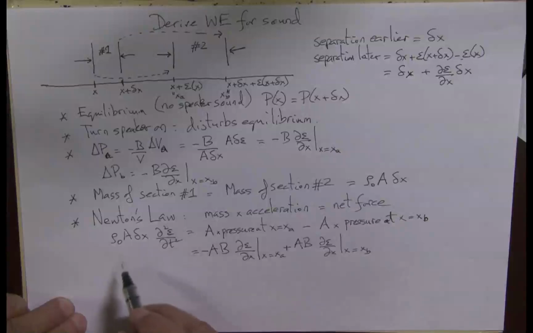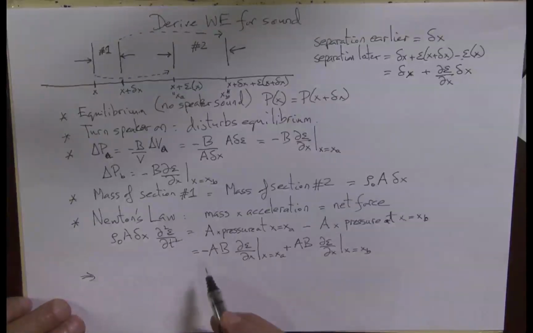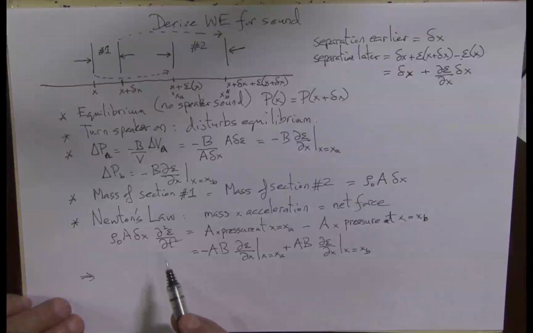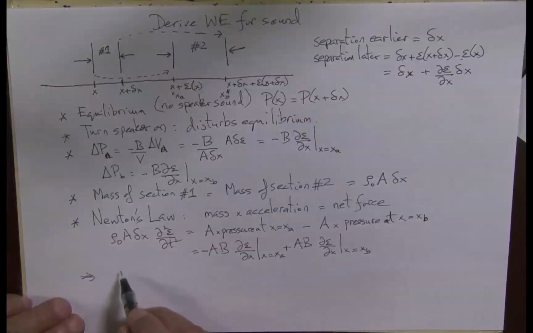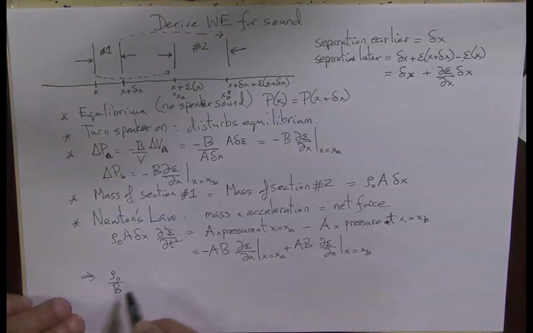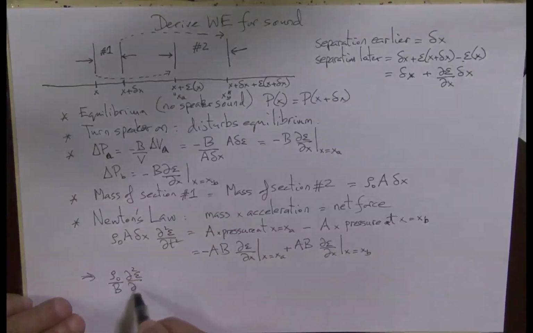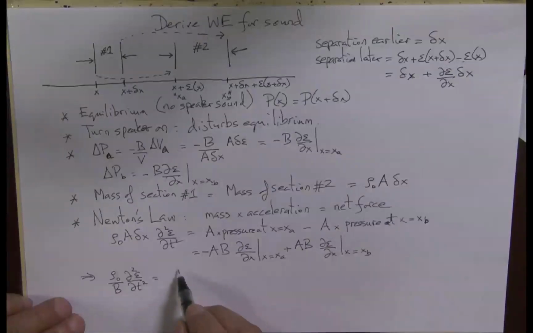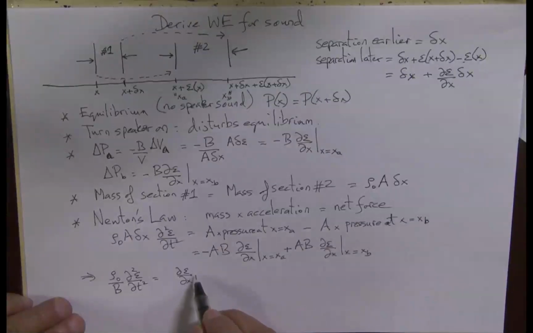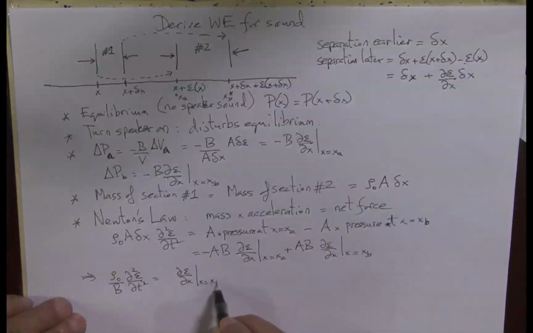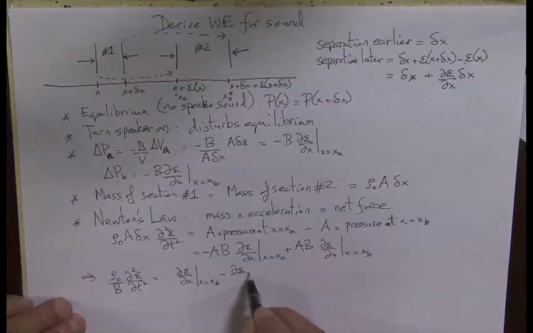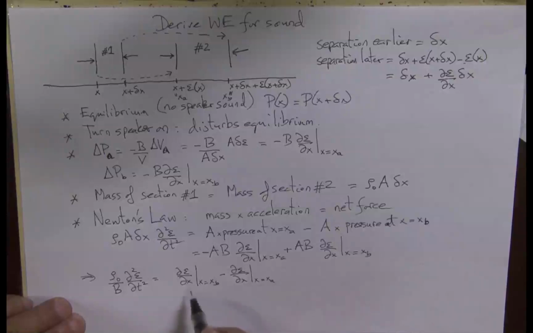And so from here, let's divide both sides by AB. In that case, we'll have rho 0 over B d²ε/dt² equals dε/dx at x equal to xb minus dε/dx at x equal to xa, divided by delta x.